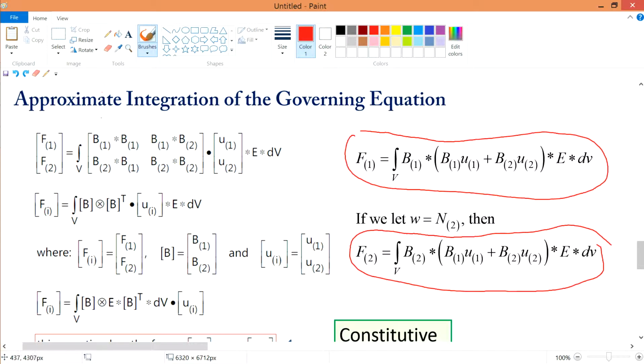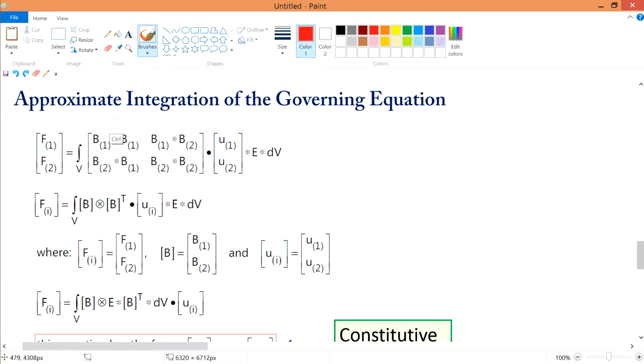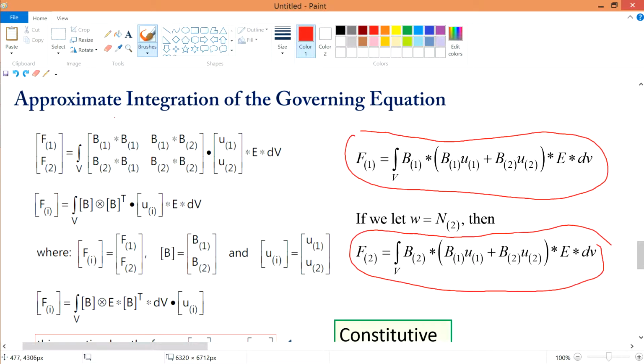And as you can see, you're starting to see something like sigma 1 1, sigma 1 2, sigma 2 1, sigma 2 2 type of thing. But this is not stresses. This is just some EA over L type of stuff. So at least you can see that it's 1 1, 1 2, 2 1 and 2 2. Once you see this form over here, most likely you can say that this is a dyadic tensor.